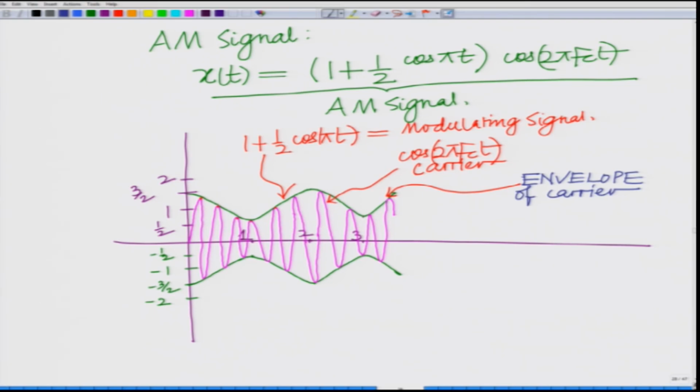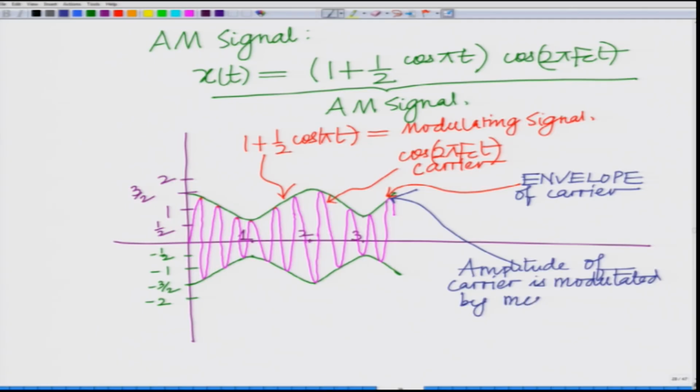So, we have the amplitude of the carrier which is modulated by the message.